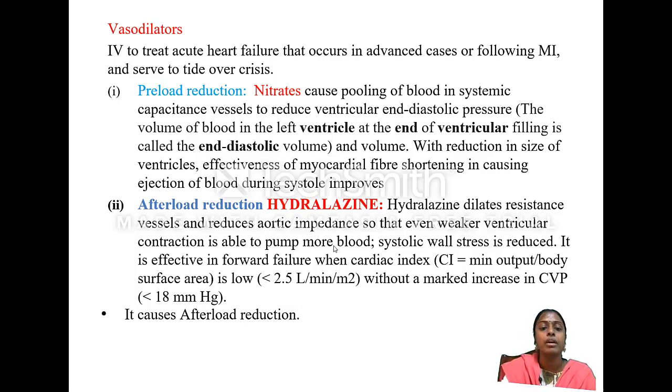Actually, our pumping should be like 5 liters per minute, like we give 5 liters of blood to our whole body. But here it will be only 2.5 liters per minute. But still, it's a decent amount, because something is better than nothing, isn't it?